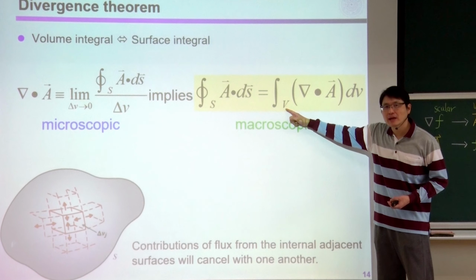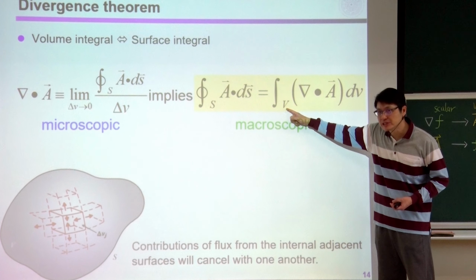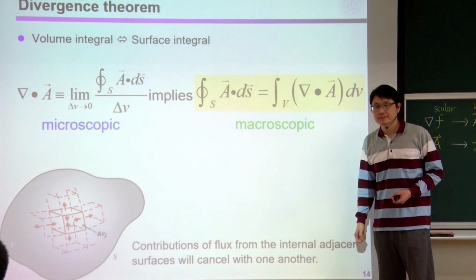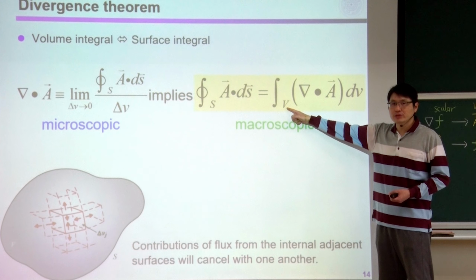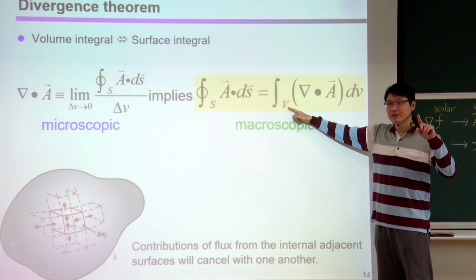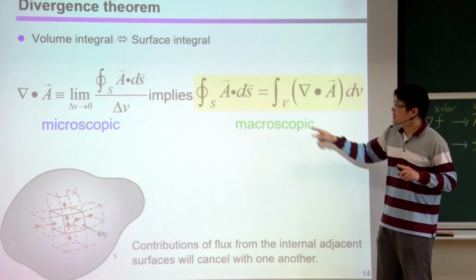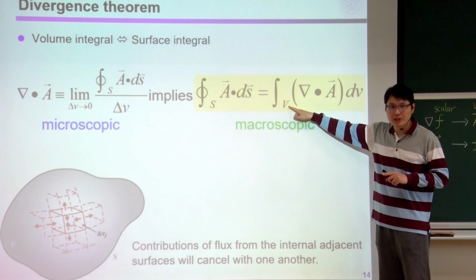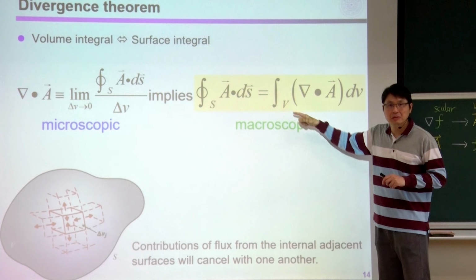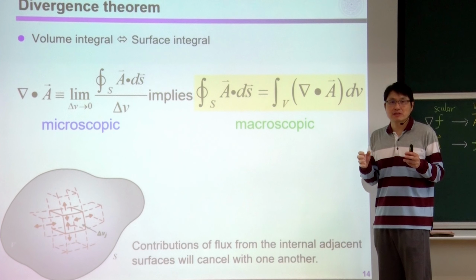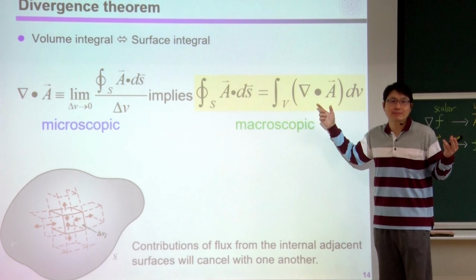So what type of integration is it on the right-hand side? I have to integrate over the entire volume of the big structure. So this is volume integration. The work is like at least three-dimensional, right?